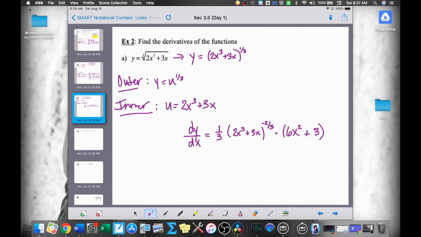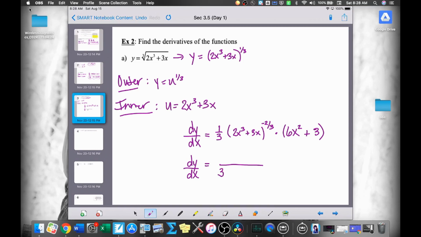Well, there's a couple things we can do here. First of all, let's think about where things live in terms of our answer. We have a negative exponent, so I know that that 2x cubed plus 3x should probably get moved downstairs because we never want to leave answers with negative exponents. So dy dx is equal to, I'm going to draw a fraction bar here. Now if I've got 1/3, that means that the 3 lives in the bottom.